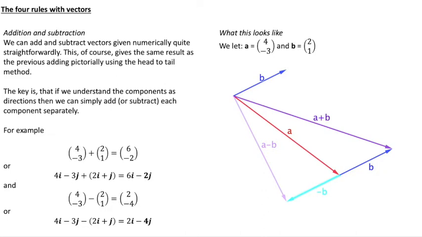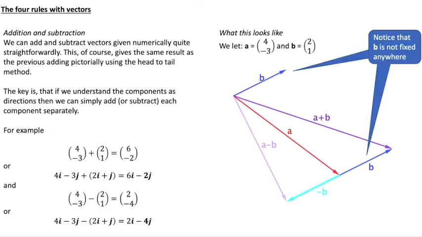For a - b, we've done a and then we've added -b on, which is the same as subtracting b. So that gives us our a - b, and indeed that does look right in that we want it to be 2 across and 4 down. Notice that b is written twice because we're still dealing with vectors that aren't fixed.